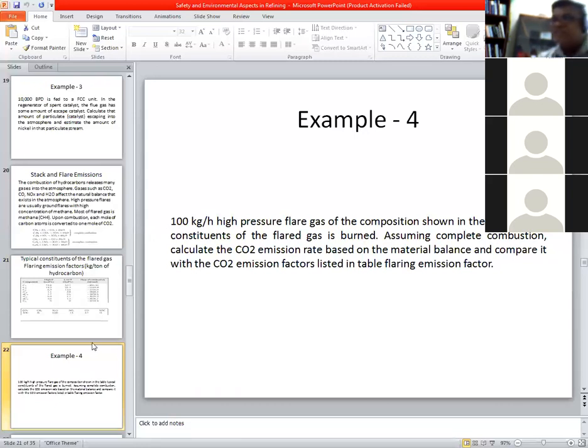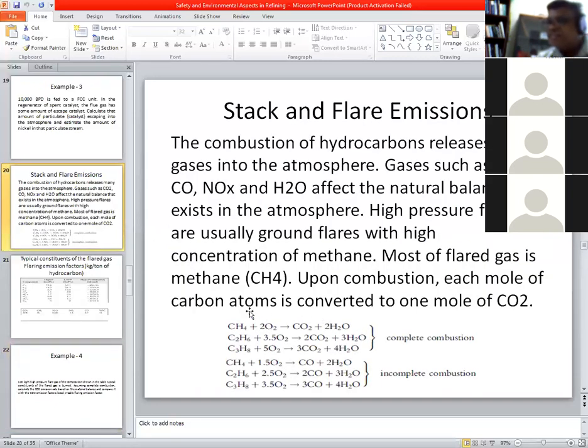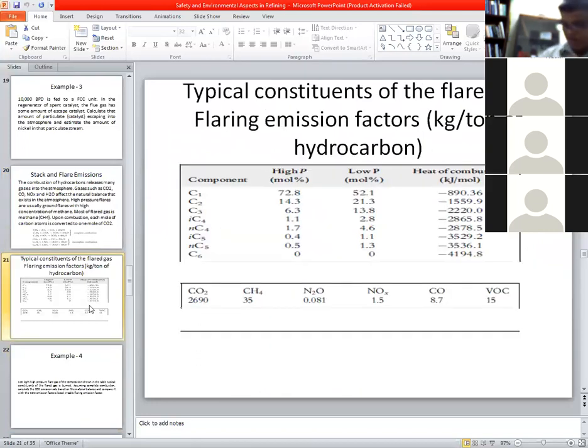Assuming complete combustion, we calculate the CO2 emission. Based on material balance, these are the compositions of the gases from C1 to C5.